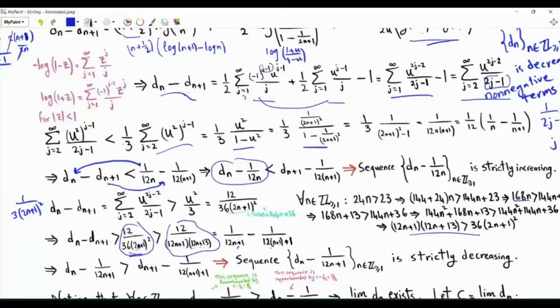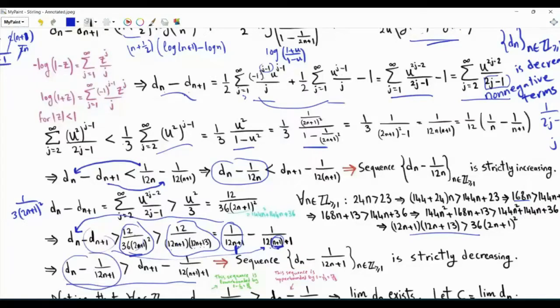Now, this depends on n. Here we have n plus 1. We can move this guy and stick it to dn, and then we can move this minus dn plus 1 to the side where we have n plus 1. So we have this relationship: dn minus 1 over (12n plus 1) is strictly greater than dn plus 1 minus 1 over (12(n plus 1) plus 1).